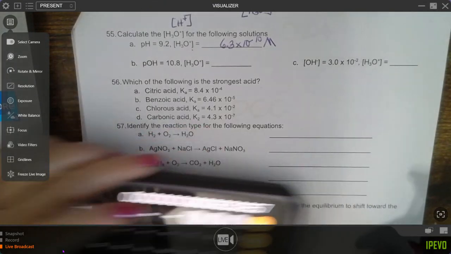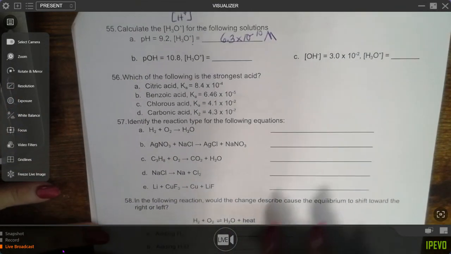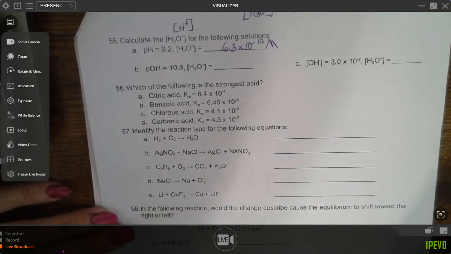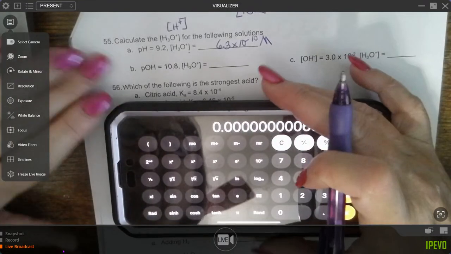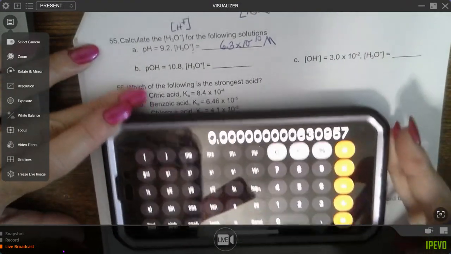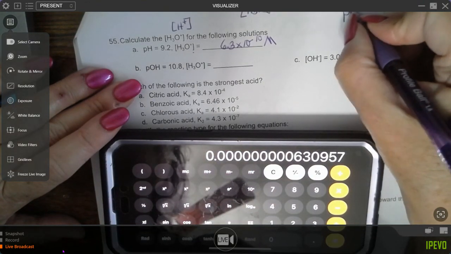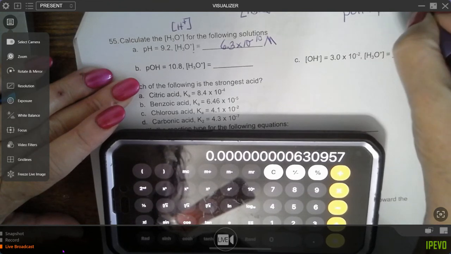Okay, pH and pOH don't have units. Hydrogen ion concentration and hydroxide ion concentration have units of molarity. All right. So let's see, pOH of 10.8. I can do pOH plus pH is 14.